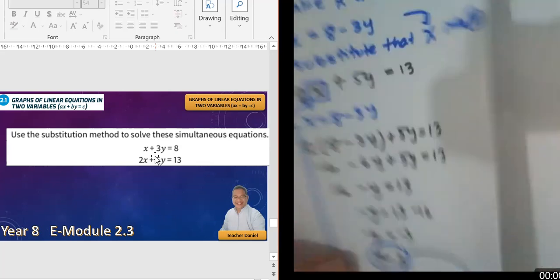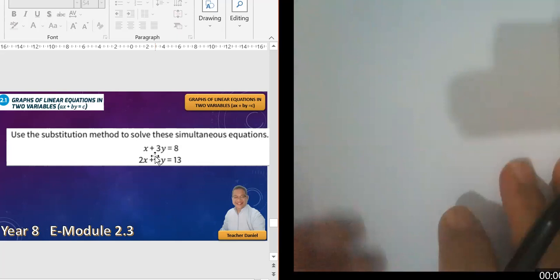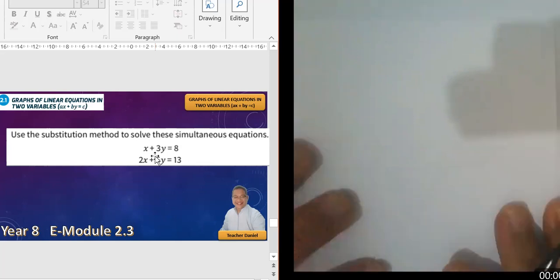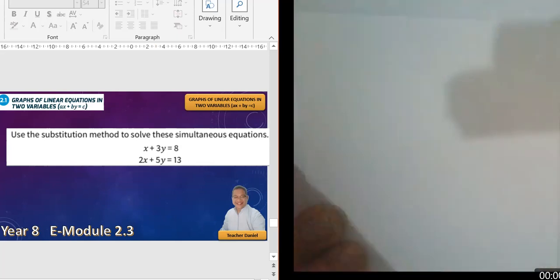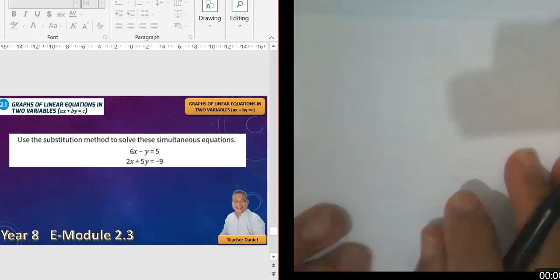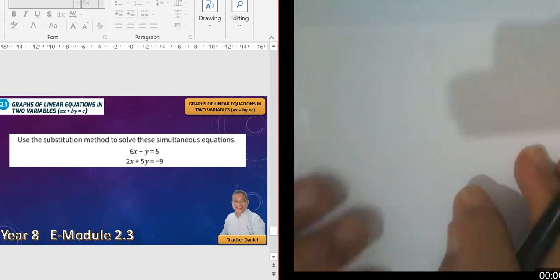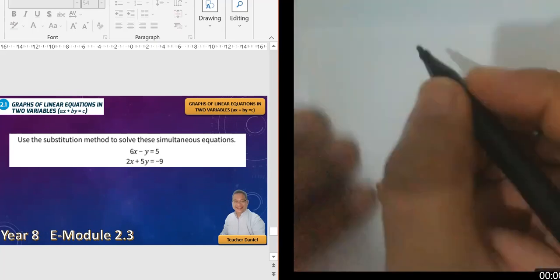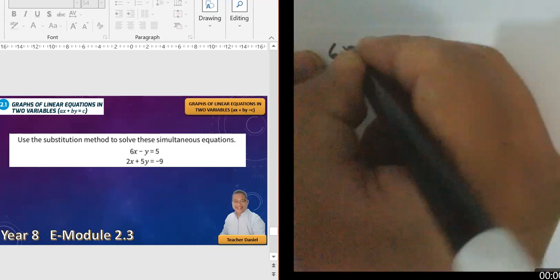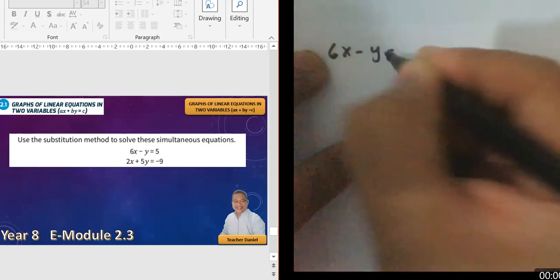However, Mr. Daniel, is it always solving in x? Actually, not. You can also solve for y. For example, in this question, it says 6x minus y is equal to 5.